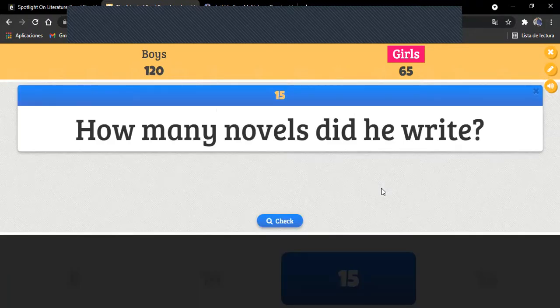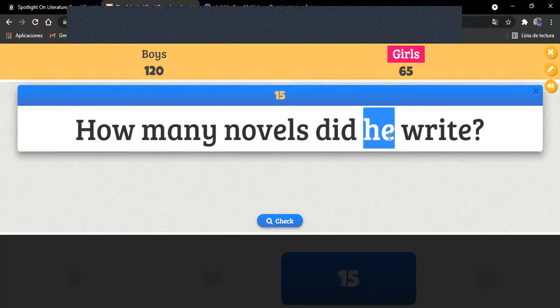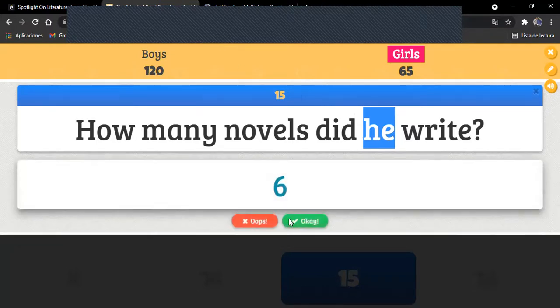The question is, how many novels did the author, Guy de Maupassant, write? Novels, because he wrote thousands of short stories. Six novels.